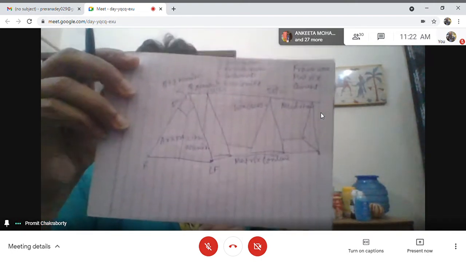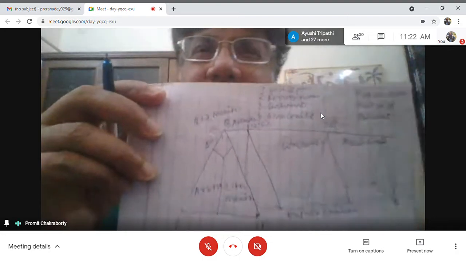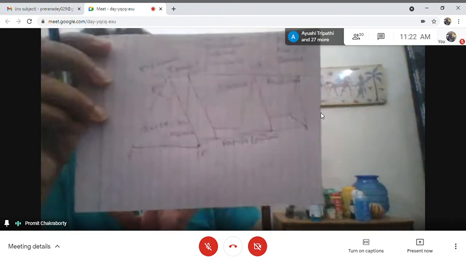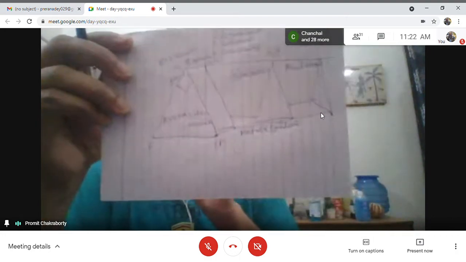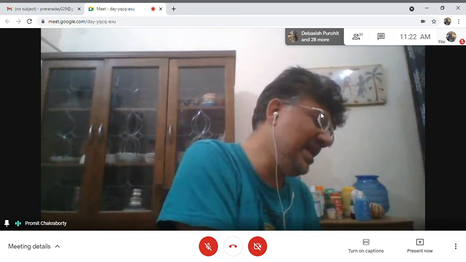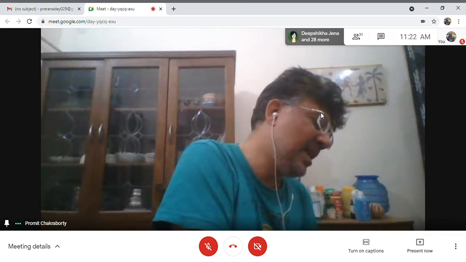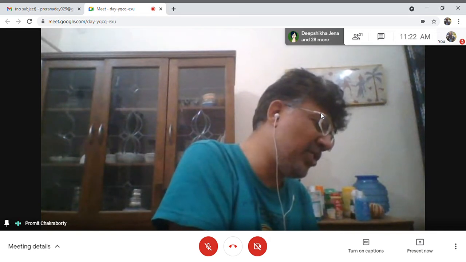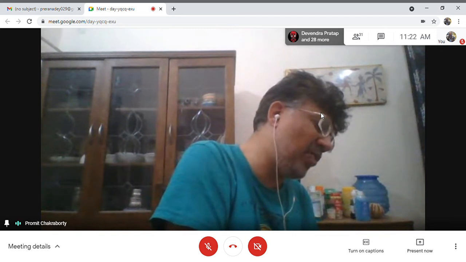Okay. Now, can we get a quartz arenite as a first cycle sediment? No, we cannot. Because if we start with a granite, first it will give you an arkose, then a subarkose, and finally a quartz arenite.